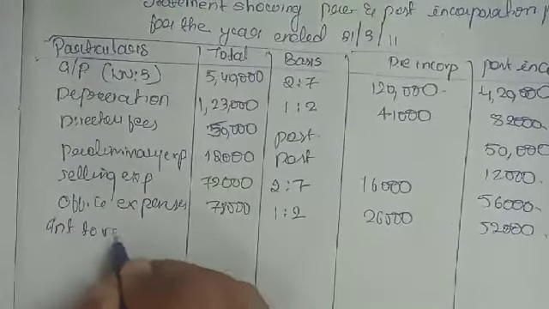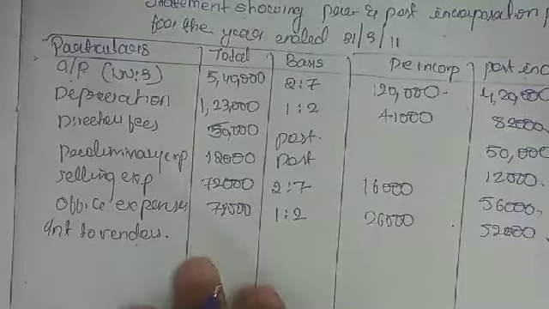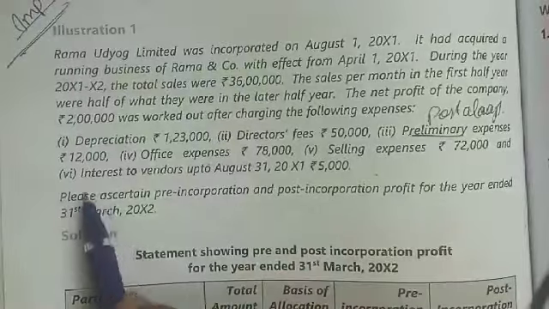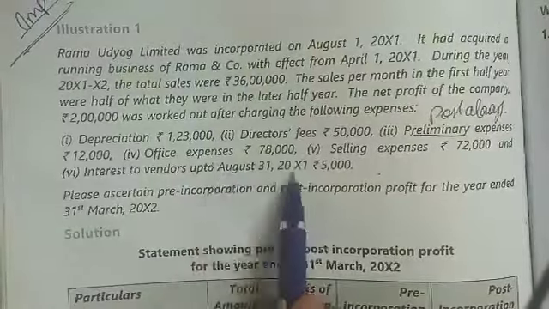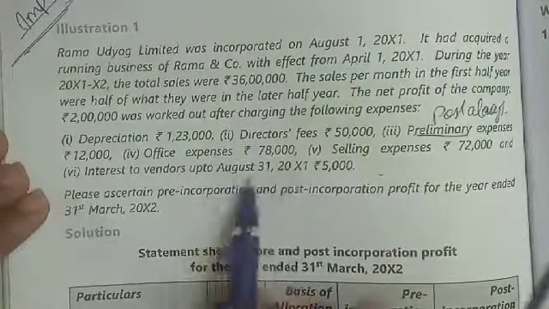Interest to vendors. There is some adjustment you need to see regarding this. Interest to vendors is up to August 31st, so we need to calculate time for this separately.